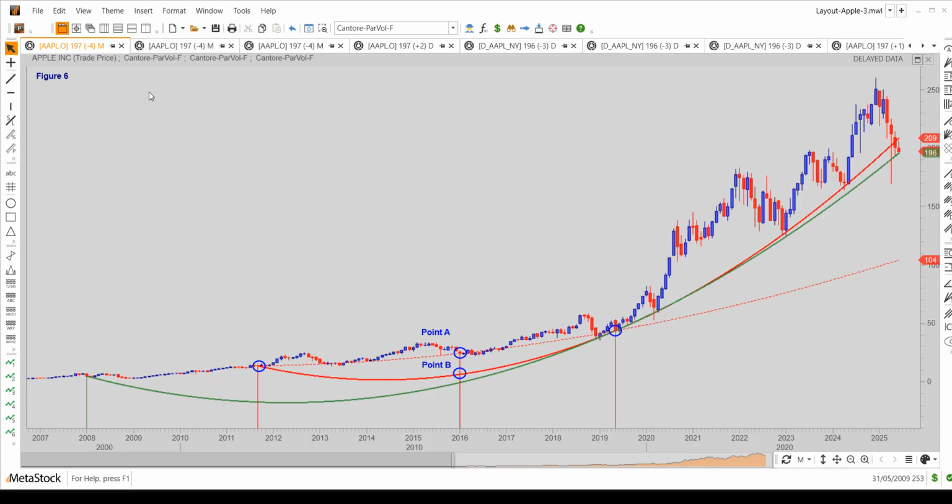Figure 6. After acquiring the chart of the Apple stock and specifying the time frame on a monthly basis, acquiring the Cantore Parabolic add-on automatically generates the default red-dashed parabolic involute, which is positioned on the monthly data of September 2011, January 2016, and May 2019.